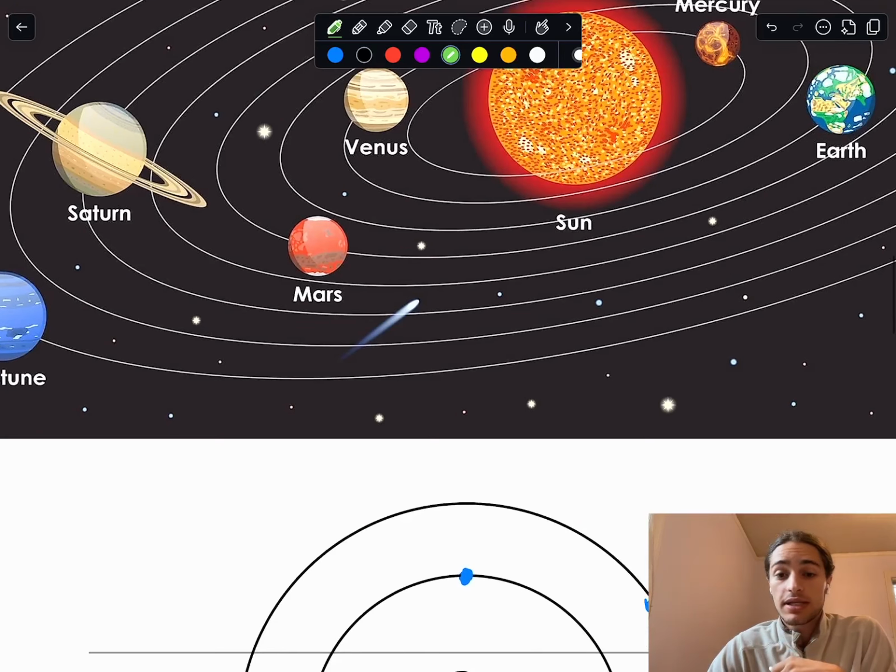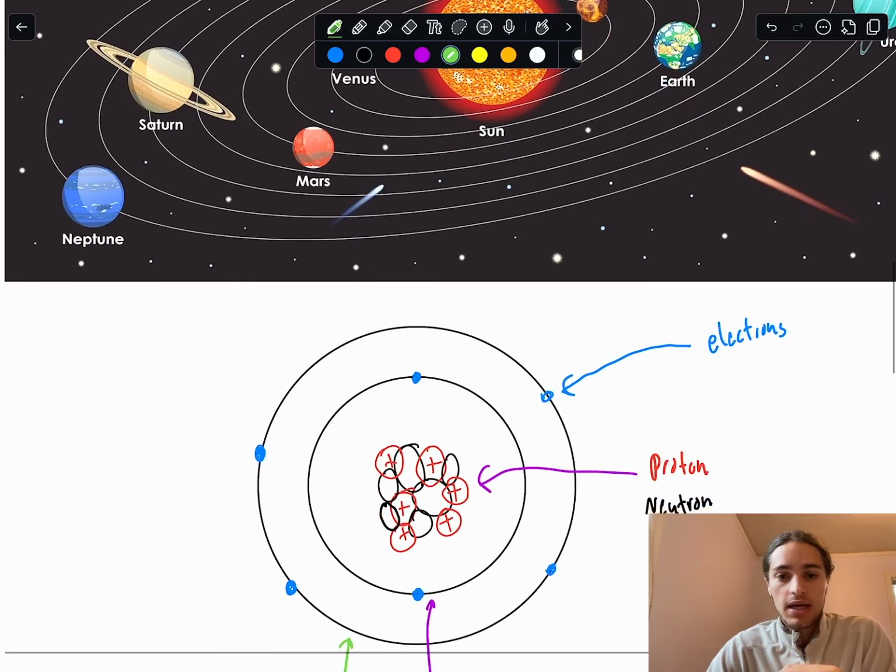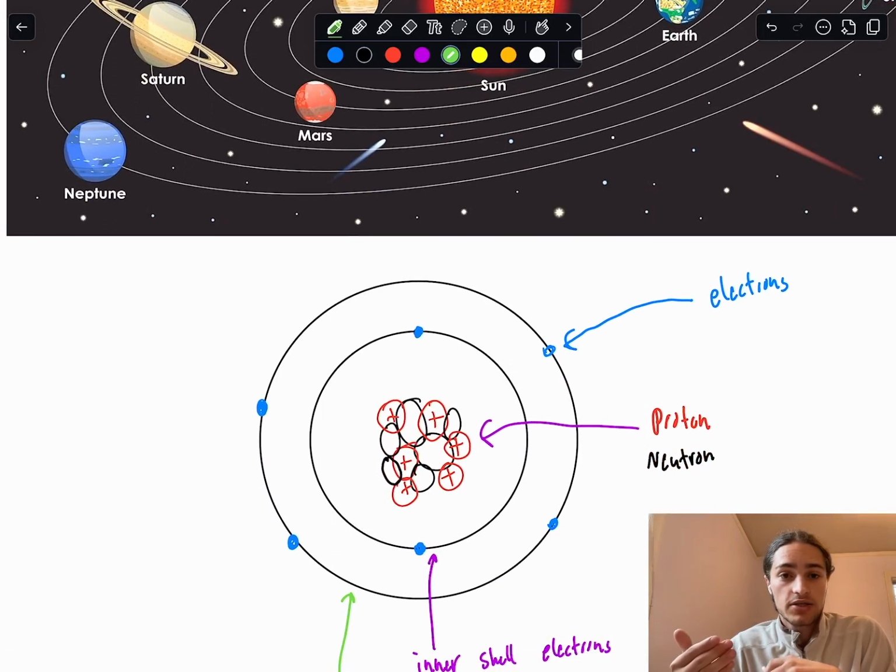Whereas if you're the electrons in the valence shell, you feel less of that attraction, which means that you are less stable in your orbit. It's actually easier to pull you away because the attraction from you to the proton is smaller because you're further away.